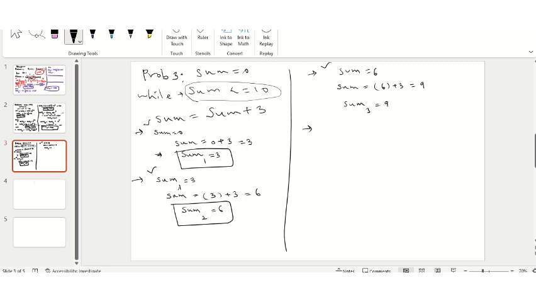Now I am going for sum is equal to 9. Again I am checking the condition. Sum is less than or equal to 10. Yes, it is satisfied. Right? So I am going to find the sum value now. 9 plus 3, it is 12.